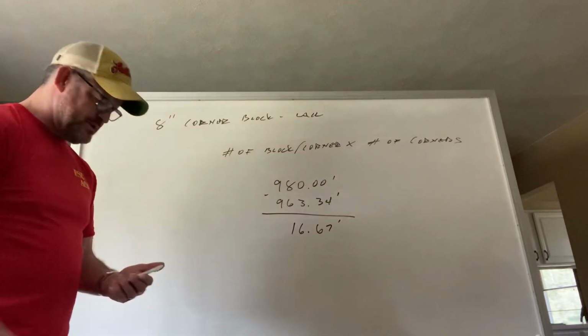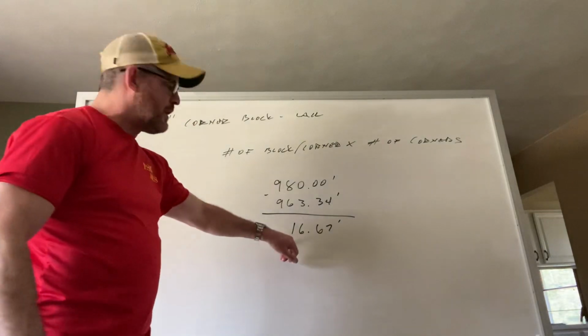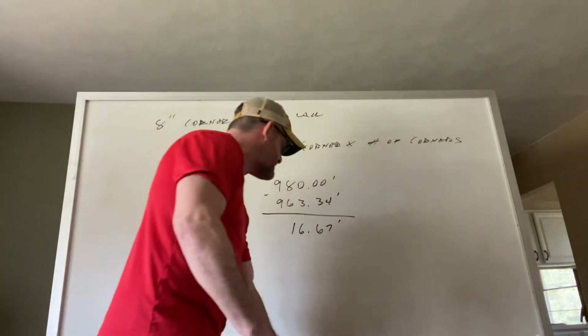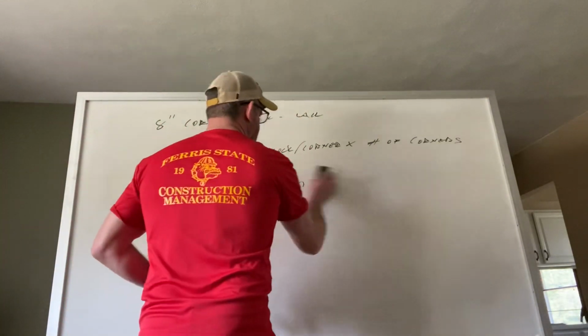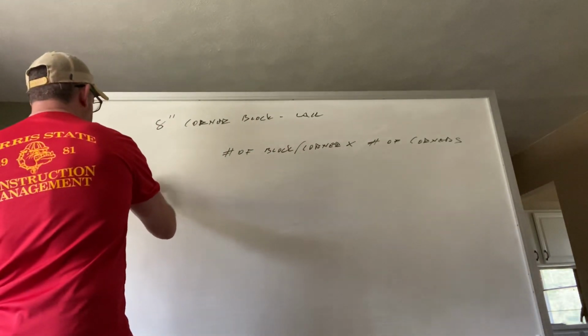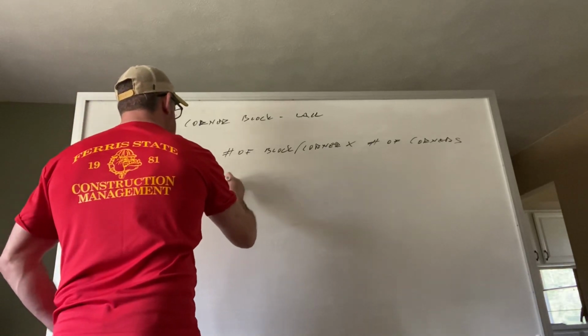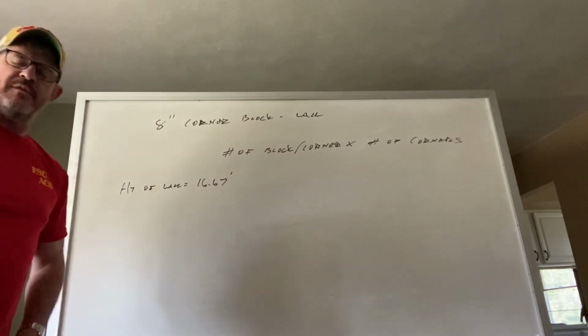Pretty tall wall, but that's what we need to know. We need to know how tall our wall is. So it's 16.67 feet tall, and we do that by subtracting one elevation from another. So height of wall equals 16.67 feet. All right, so we've determined that.